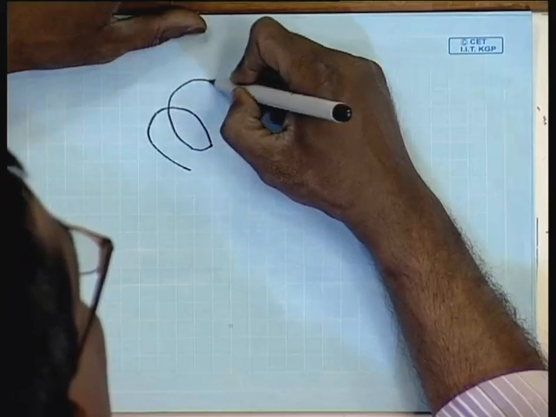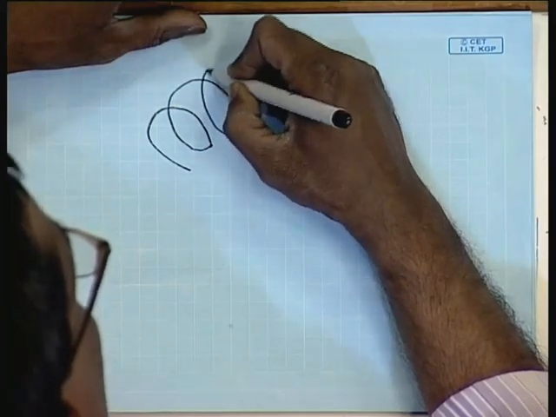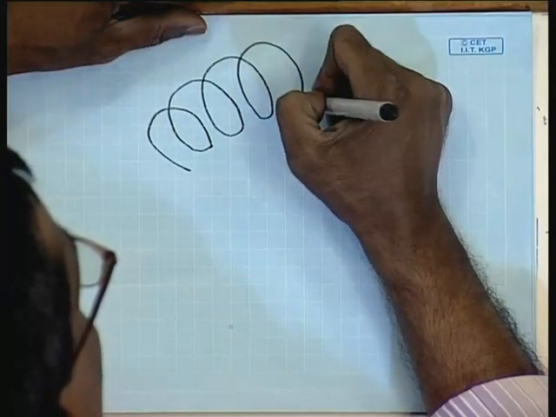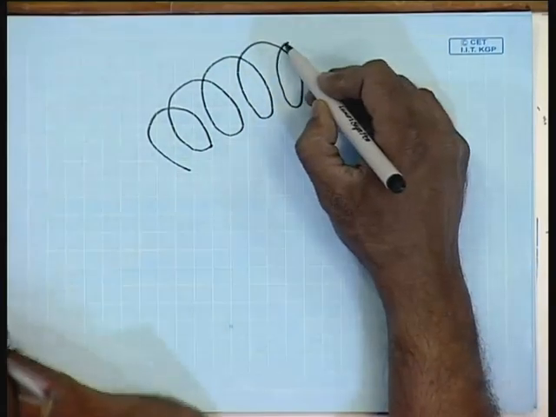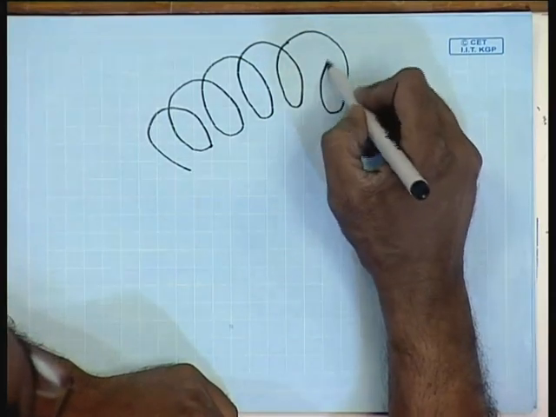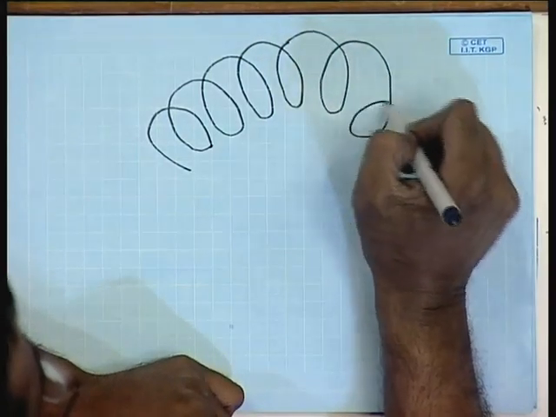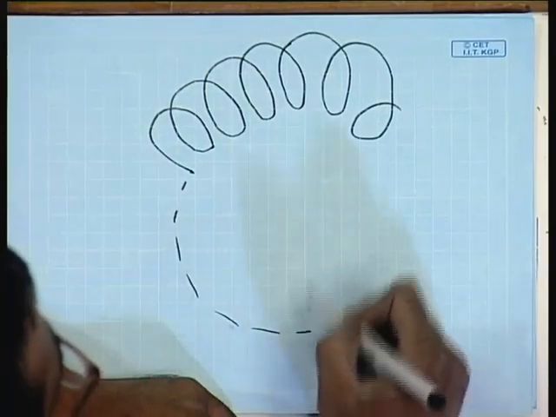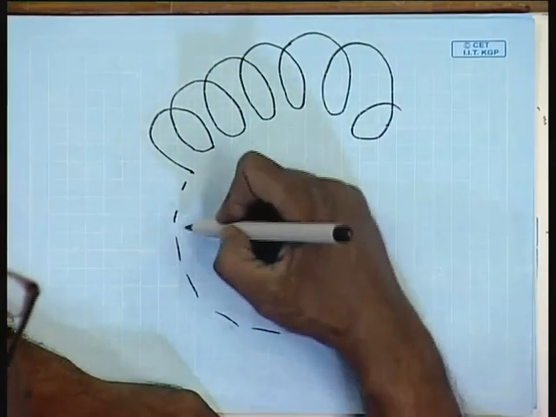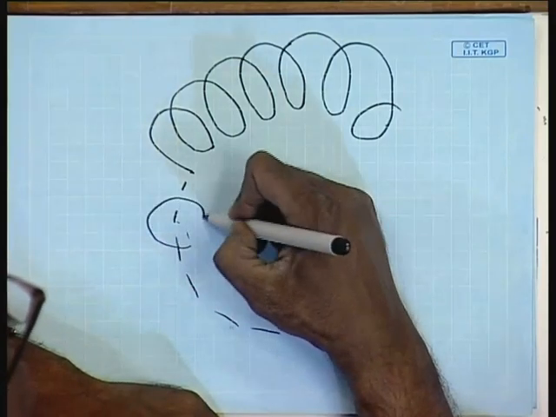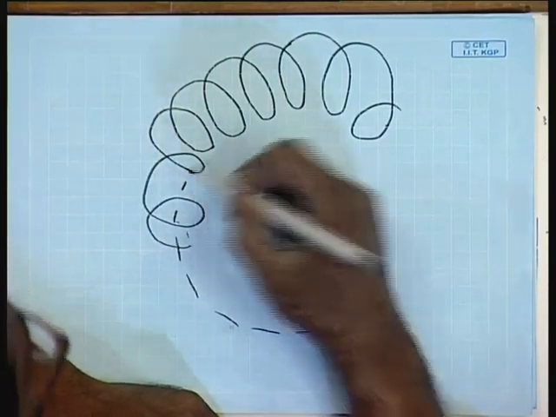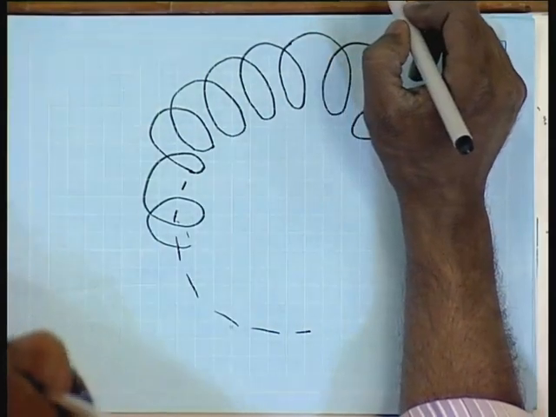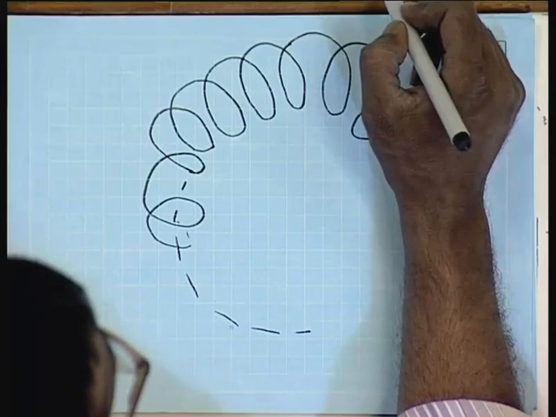So, this is another coil, this is another coil, and this arrangement continues till the last coil closes on this first coil. So, this is called a closed winding.